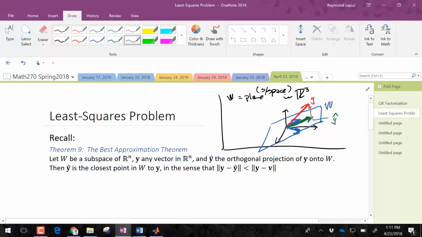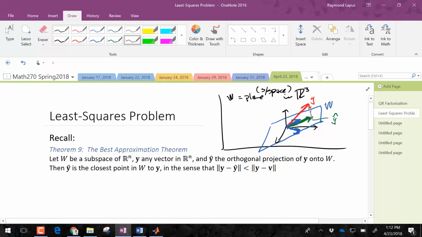If y is on the plane, then y and y hat are equal to each other, and you're done. It's not just an approximation, it actually is the same vector. But if y is not on the plane, and I can only represent vectors that are on the plane, then I would look for the best approximation, and the best approximation will end up being that orthogonal projection.